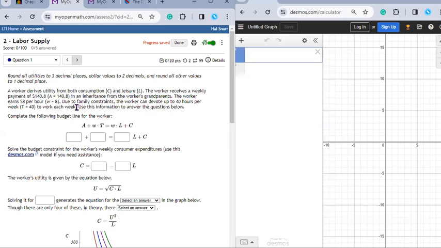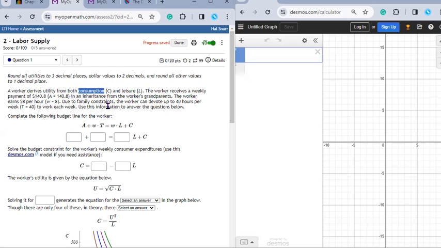Okay, so we have this problem here with a worker. That person derives utility, happiness, or satisfaction from consumer goods. So we're lumping all consumer goods and services in one thing called C, consumption. We do this in macroeconomics.